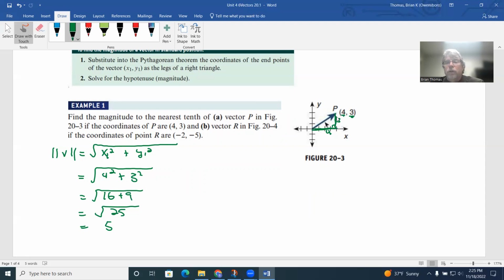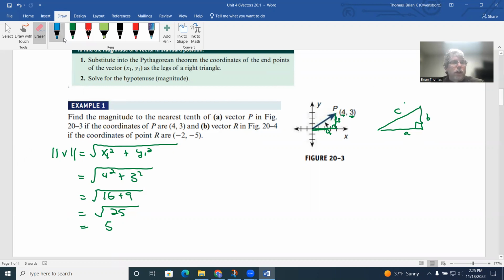If I draw a right triangle over here, the formula is a squared plus b squared equals c squared. Notice how a and b are defined as the legs, and c is the hypotenuse.